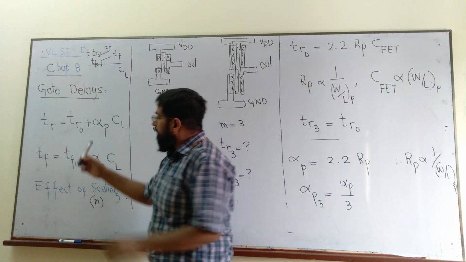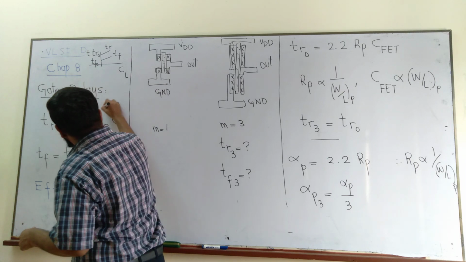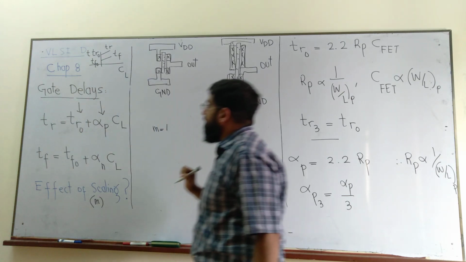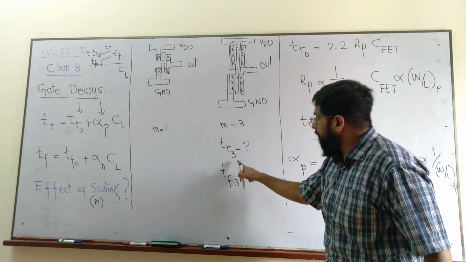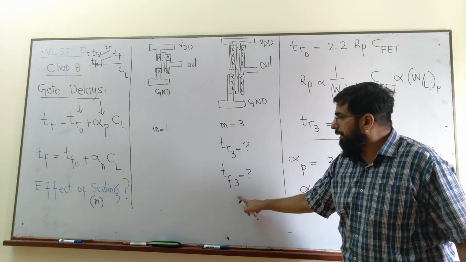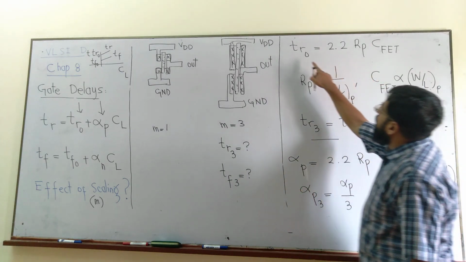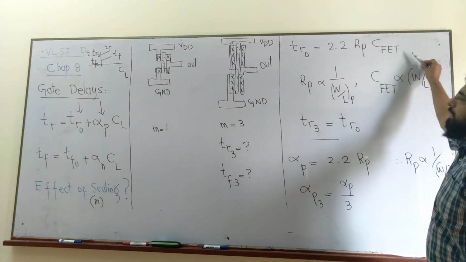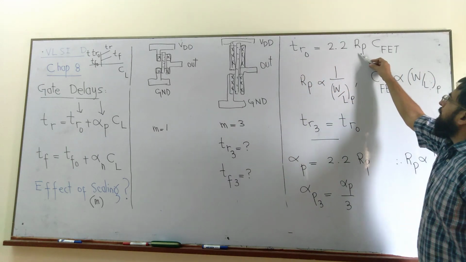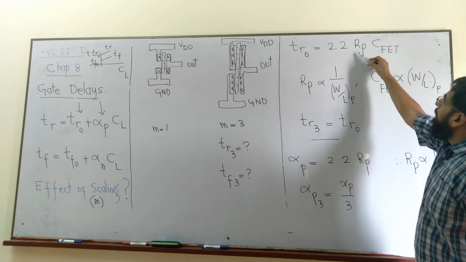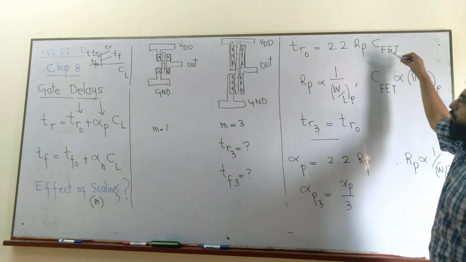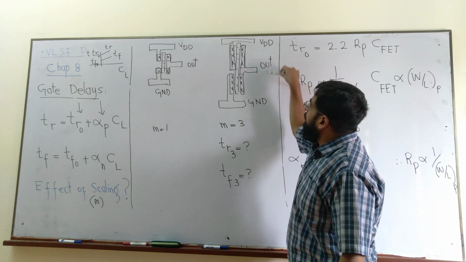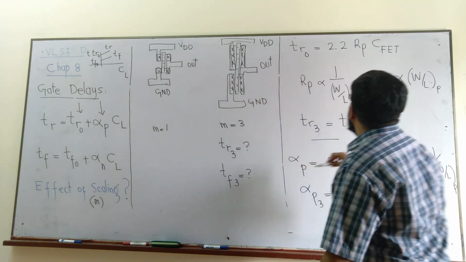Let's analyze these two terms in a bit more detail, so that we can derive expressions for TR3 and TF3. We already know from chapter number 7 that TR0 is 2.2 times RP times CFET, where RP is the resistance of the PMOS transistor, and CFET is the total FET capacitance at the output of this gate.